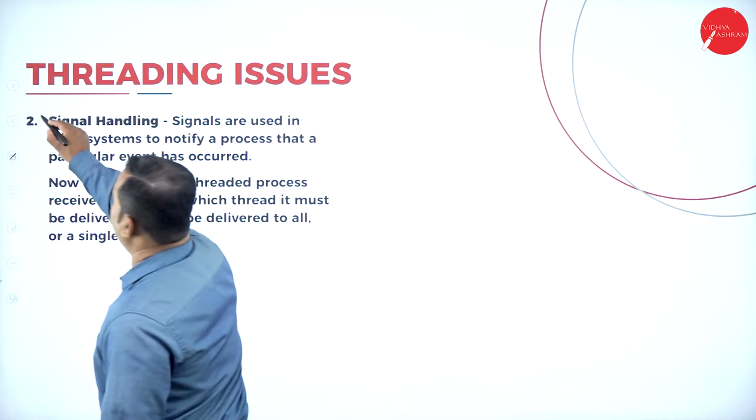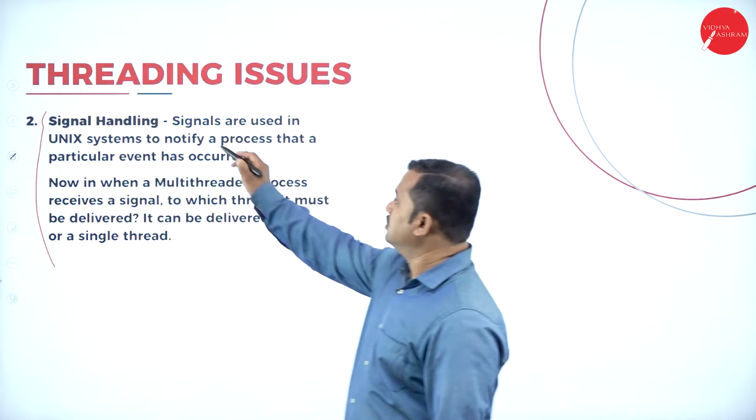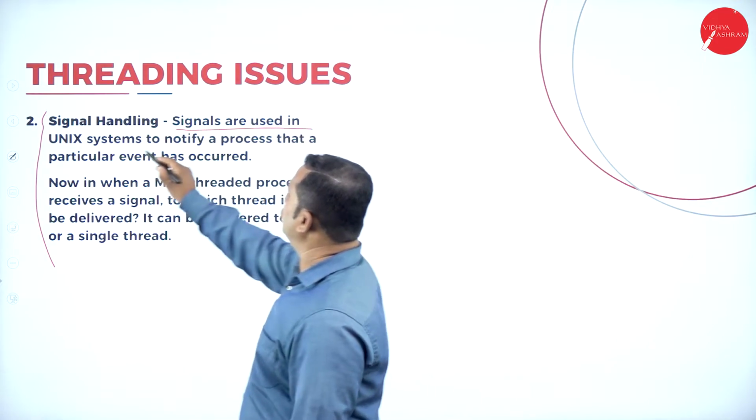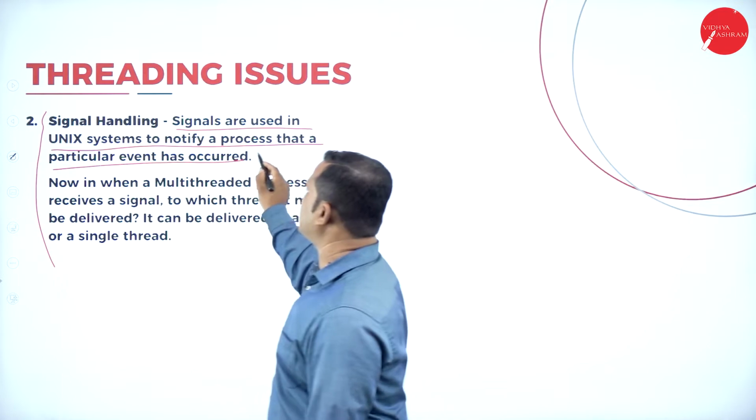Which is the next type of the threading issues? Signal handling. Signals are used in Unix systems to notify a process that a particular event has occurred.